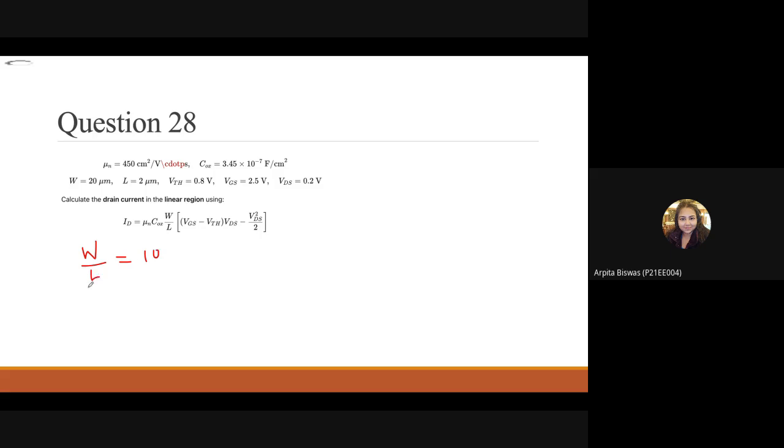And tell me what is the value of mu and COX. Mu and COX is equal to 450 into 3.45 into 10 to the power minus 7.